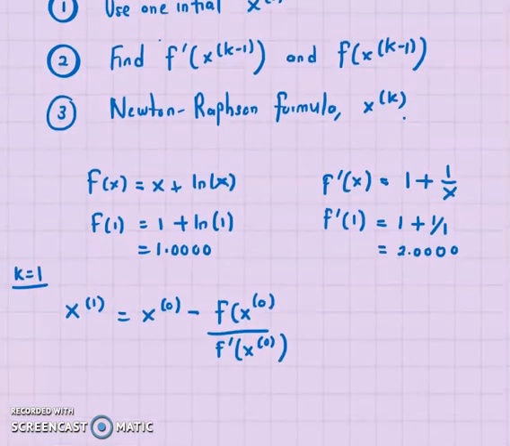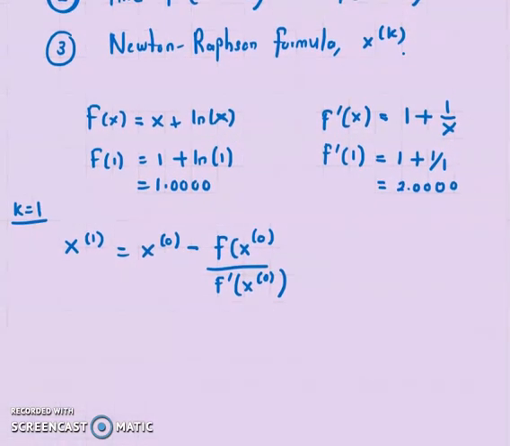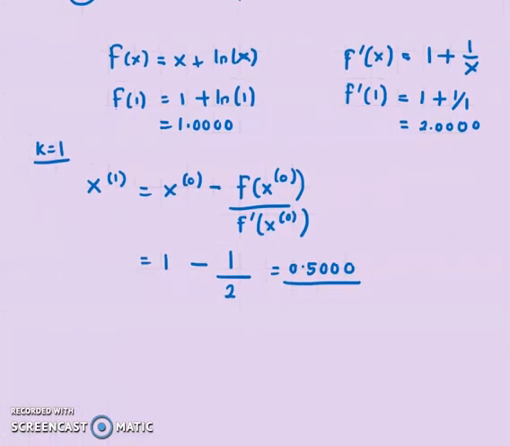Okay, we know that our x0 is 1, so we have 1 minus 1 over 2. Okay, so we have 0.5000.